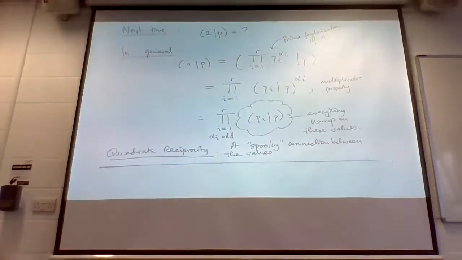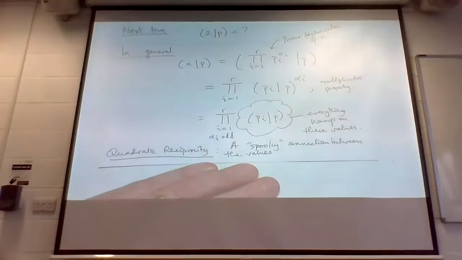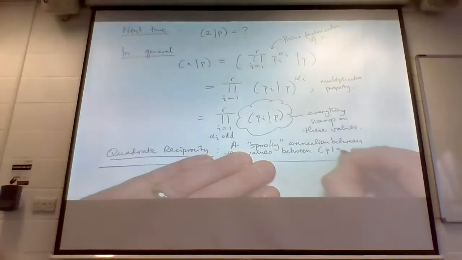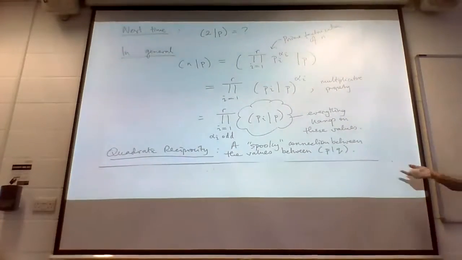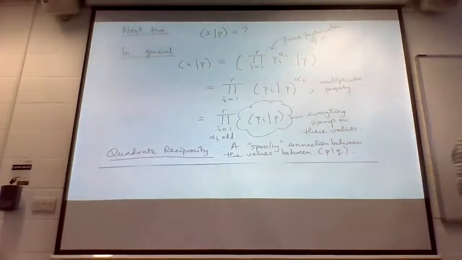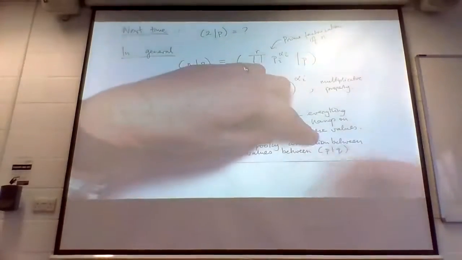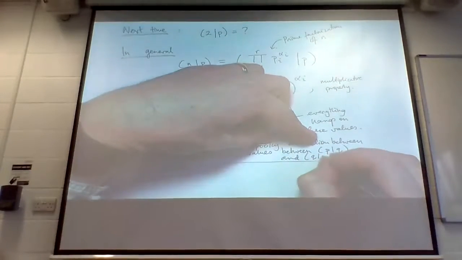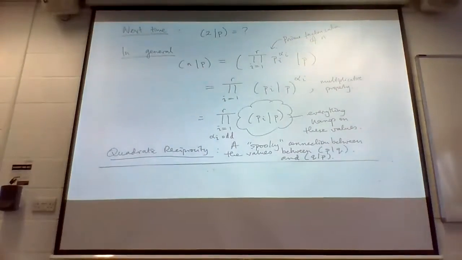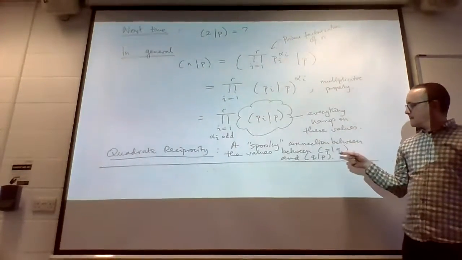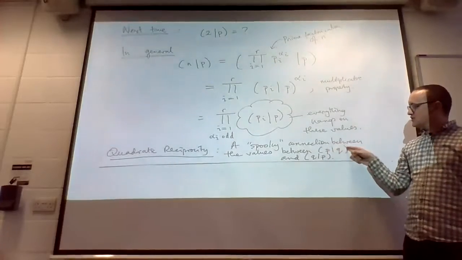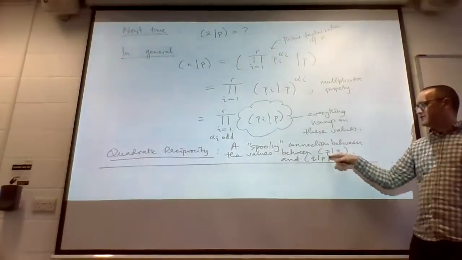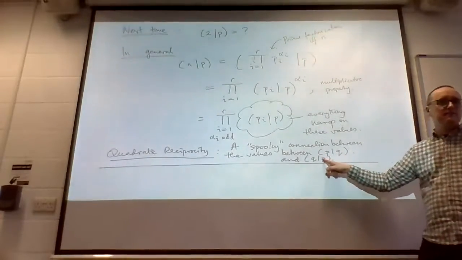It gives you a connection between the value of the Legendre symbol of one prime modulo another one and its reciprocal, the Legendre symbol of q modulo p. This one refers to the residue status of p modulo q. This one refers to the residue status of q modulo p.